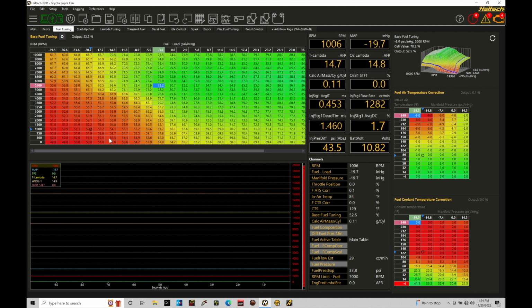Now I'm going to introduce the concept for this tutorial, taking a look at this parameter up top here called fuel load. Fuel load can be changed to something other than manifold pressure. So right now our table here is based on our MAP pressure reading. We know that when we're talking about the speed density airflow model, the air mass is an estimation of airflow entering the engine. It's not actually directly measuring the airflow.